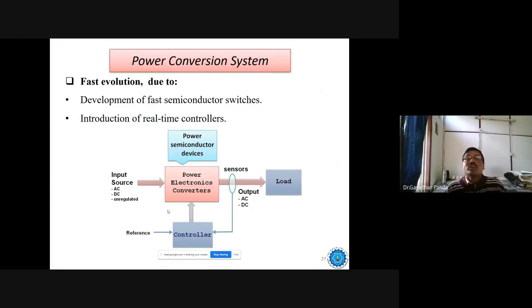Now, as I told you, the power interfacing systems are nothing but the power electronics converters. Your input will be AC power or DC power. Depending on that, you have to select what type of power converter is used so that you can interface with the utility grid.